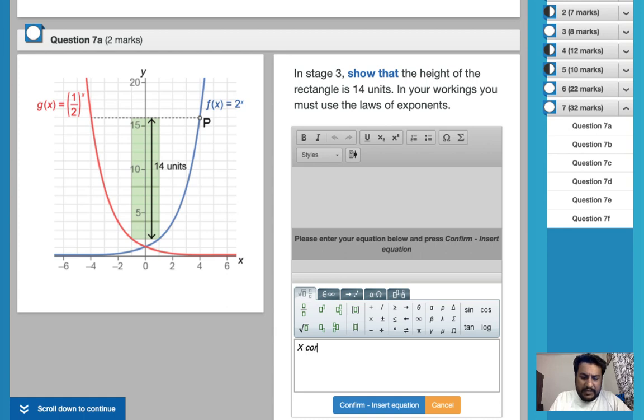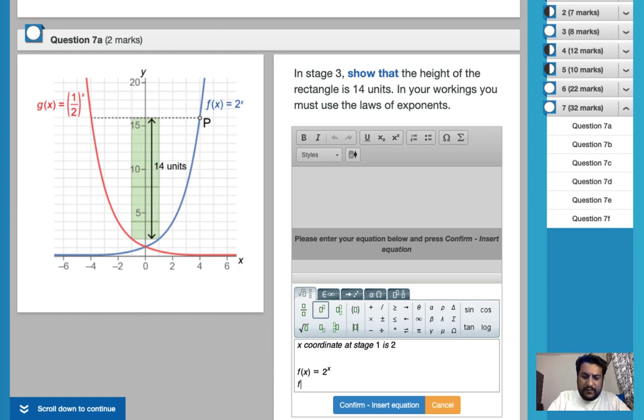So I'll write down: x coordinate at stage 3 is 4 and x coordinate at stage 1 is 2. Now let's suppose I start with the function f(x) = 2^x.